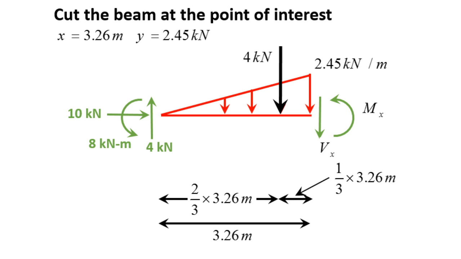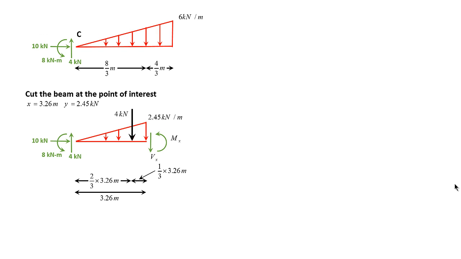Okay, I defined all the lengths, 2/3 times 3.26 and 1/3 of 3.26. Now I'm ready to apply the equilibrium equations again and solve for Vx and Mx. But remember, I'm trying to find Mx. Vx here definitely will equal 0, because that's where the maximum moment takes place.